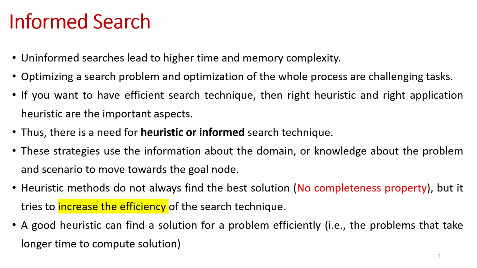Both algorithms are widely used in artificial intelligence applications, such as finding the shortest route, route planning, robotics, game playing, and navigation systems. So this is about informed search, as good heuristic solutions can be found for the problem efficiently.